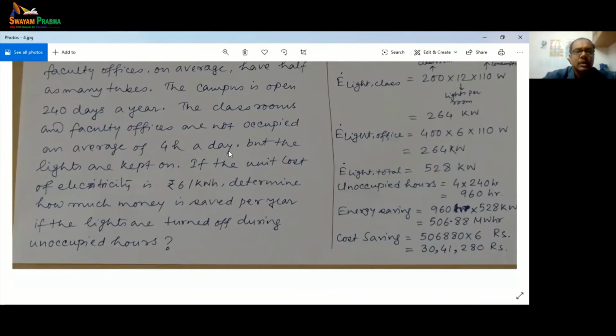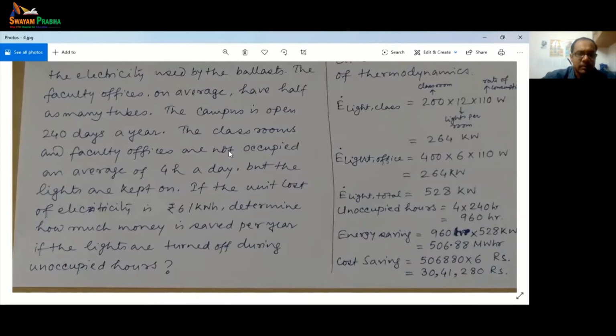When a faculty member is taking a class, or is busy in a discussion room somewhere, his own office is not occupied. On average, if we take the data for everybody, it's 4 hours a day. Each classroom is also not occupied all the time, so again they are unoccupied 4 hours a day on average.